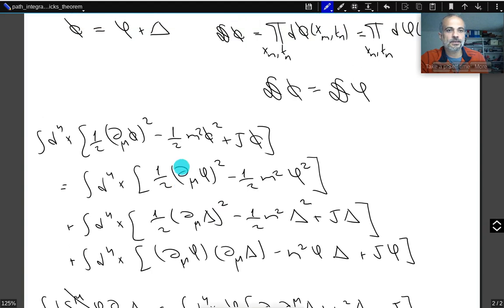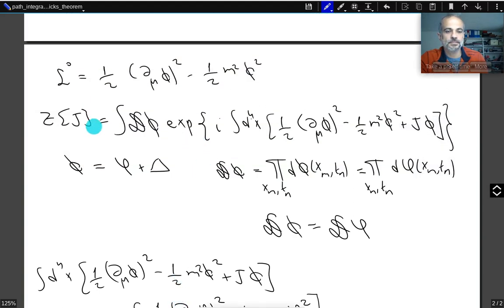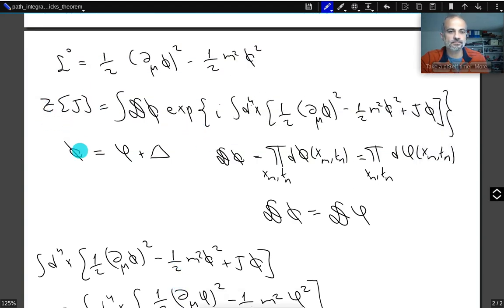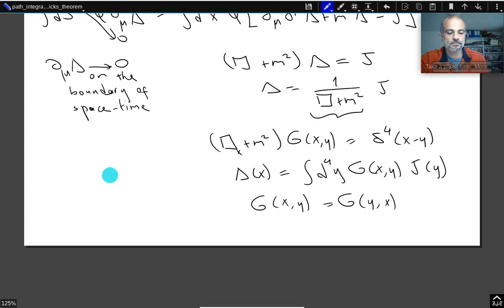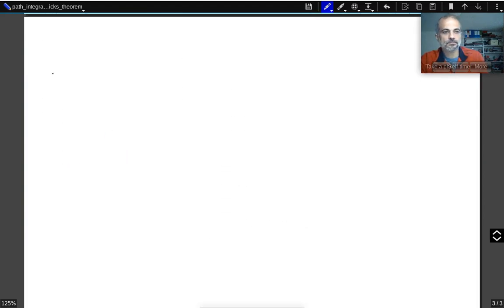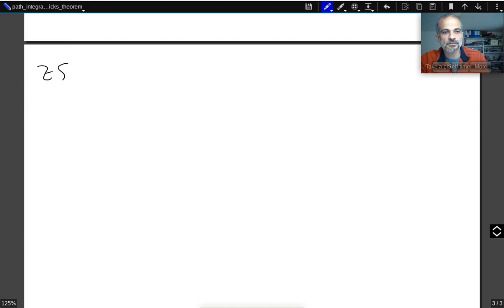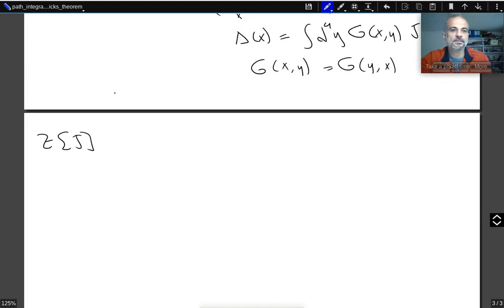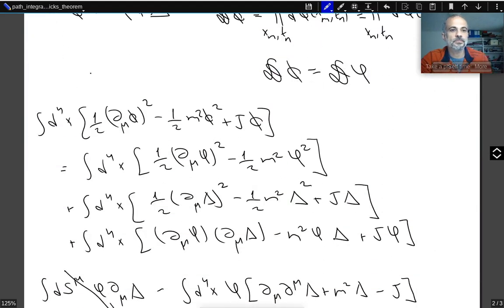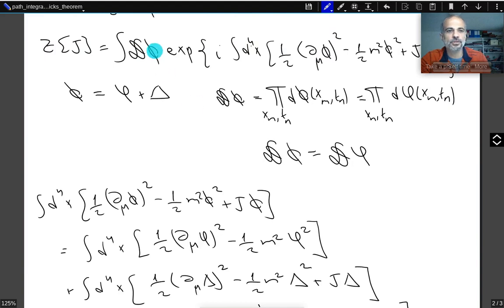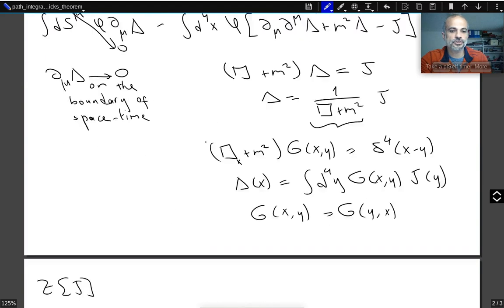So my integral, Z of j, is now, let's go, there's the measure, but note that the measure in terms of my original field is the same as the measure in terms of the new field. So I can just replace it.